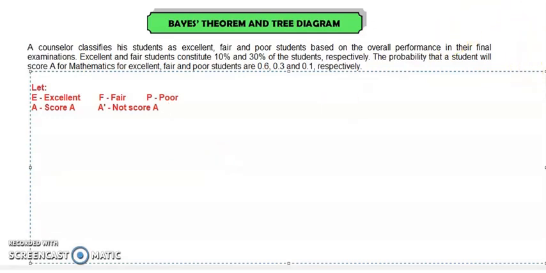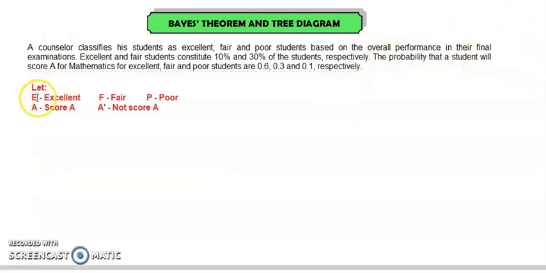Okay, now how to draw the tree diagram. Look at the first event. We have three outcomes, meaning you will have three branches. So this is the first step: draw the branches.